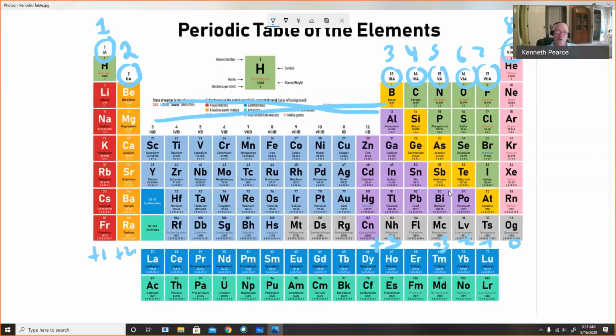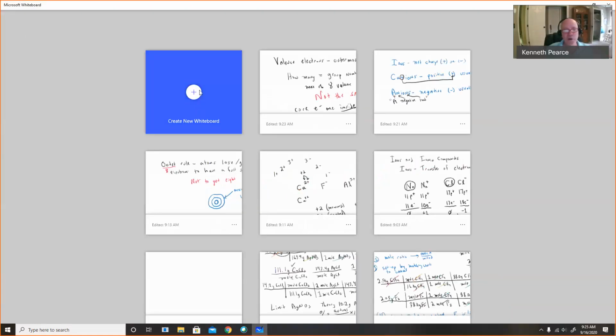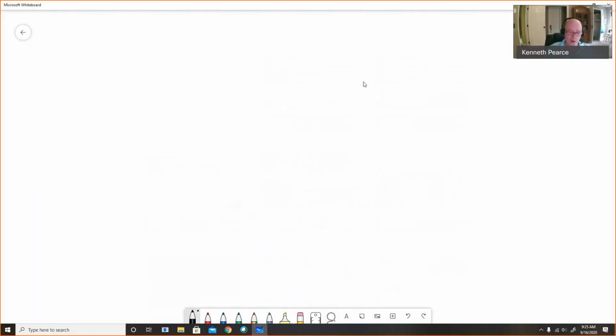The periodic table has a lot of patterns. The periodic table has a lot of information on it. And so the valence electrons are the same as the group number. So we can look at elements and say, well, what's the charge and how many valence electrons does it have? What's the charge on aluminum? Well, we look on the periodic table and we see 3+, but how many valence electrons does aluminum have?